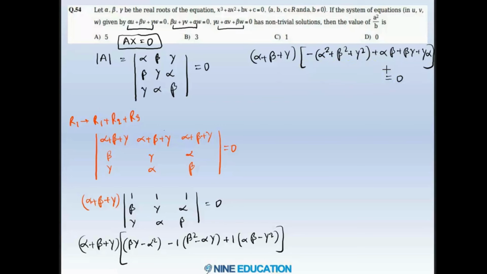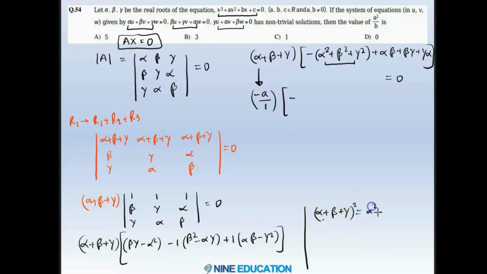Now we need to think about the values that we are having, like alpha plus beta plus gamma. This is nothing but the sum of roots, and the sum of roots for this cubic equation is minus a by 1. And then we have another minus sign here. What is alpha square plus beta square plus gamma square? Separately we can find it out. Let's suppose we have alpha plus beta plus gamma whole square.